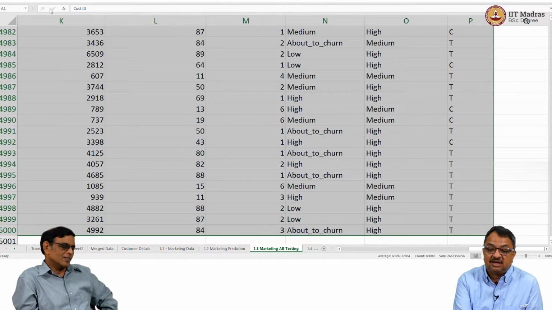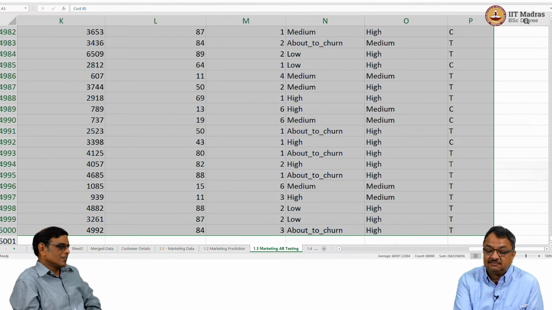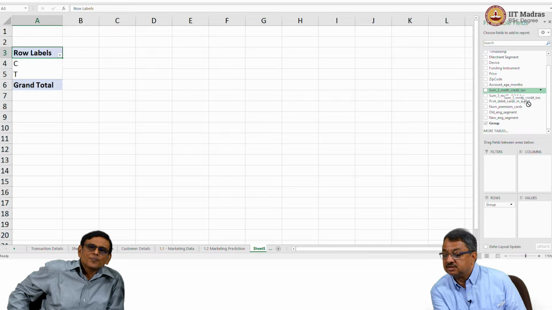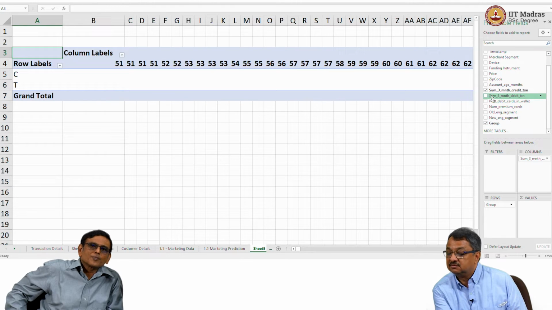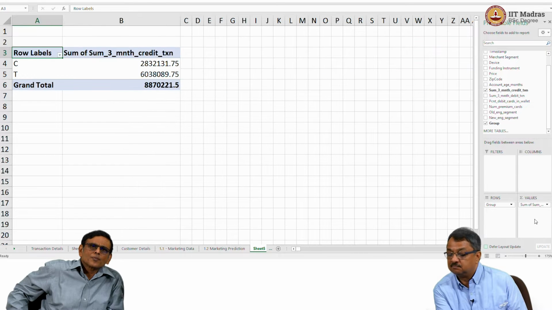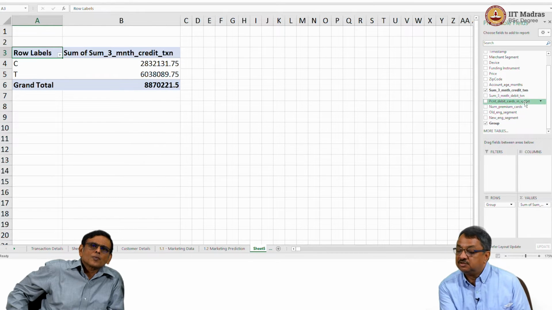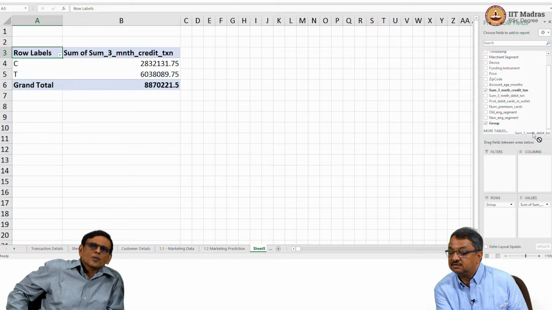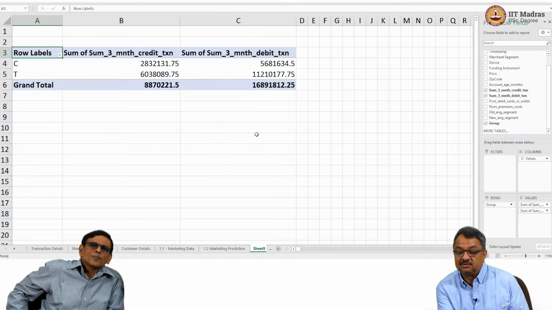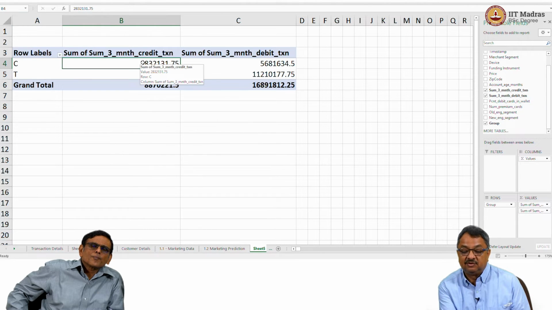Okay. So let's create a pivot table. And then we will say type of instrument, sum of 3 months of spend. And here we want average.